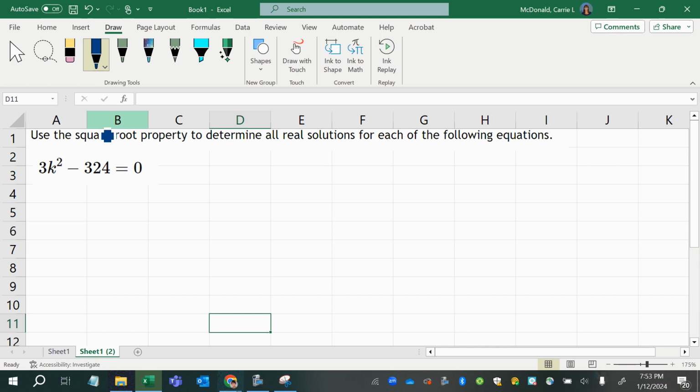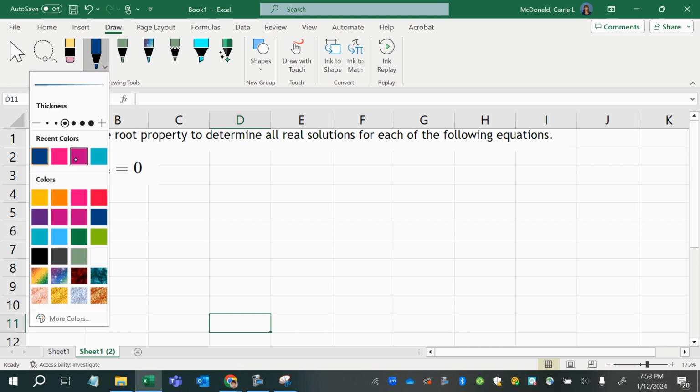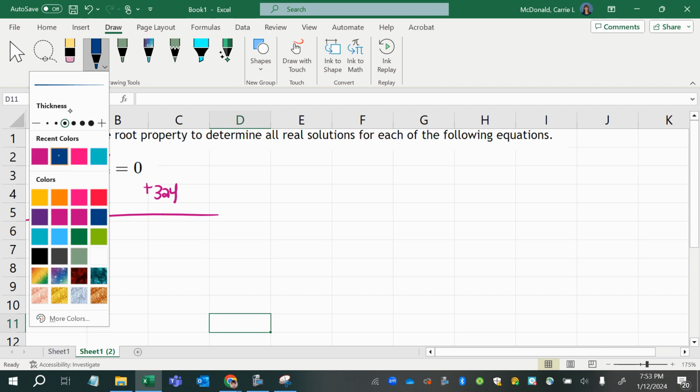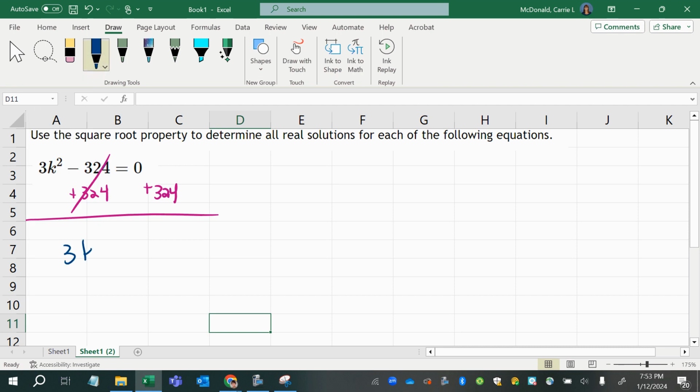So when I try to get the square term alone, I add 324 to both sides to cancel out the negative 324 on the left. Luckily, we have a positive now on the opposite side of the equal sign, so that's good.